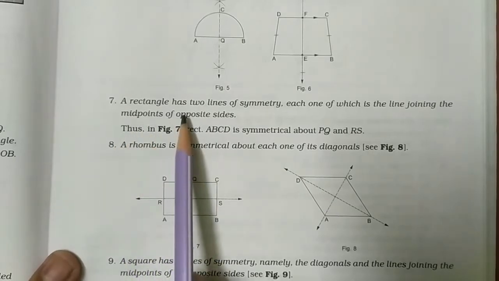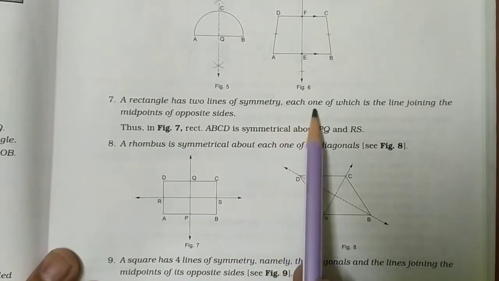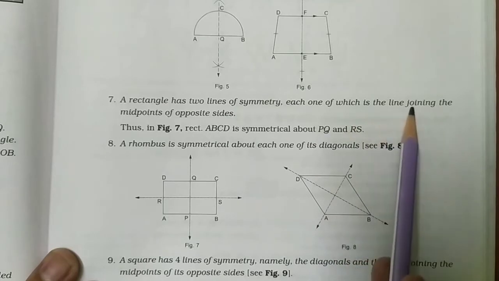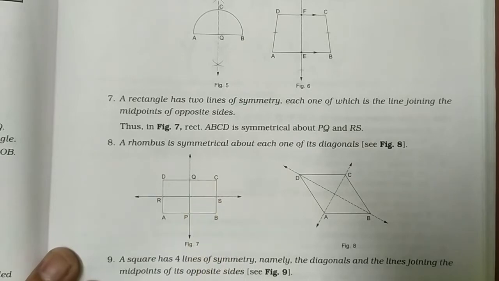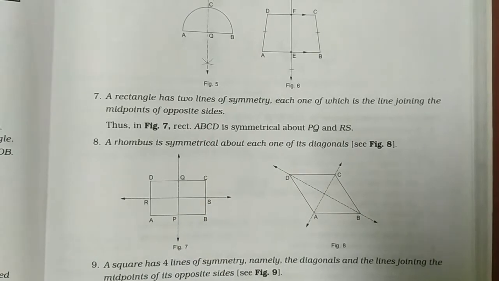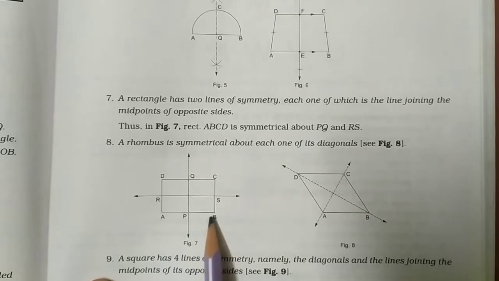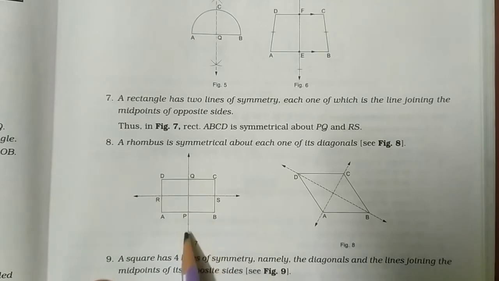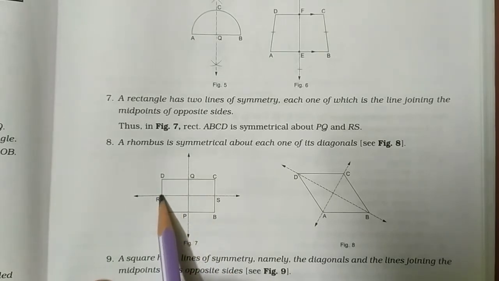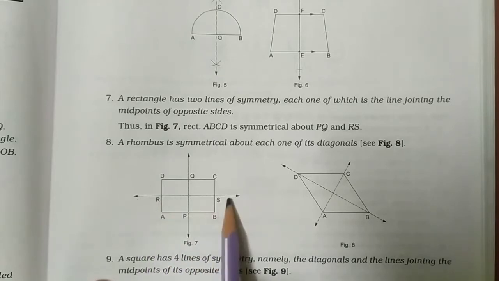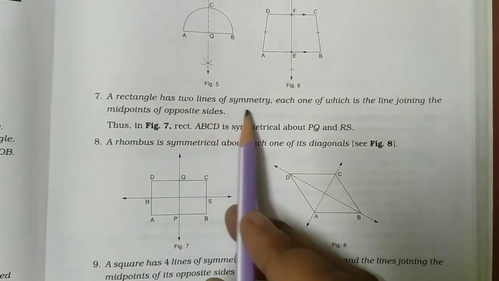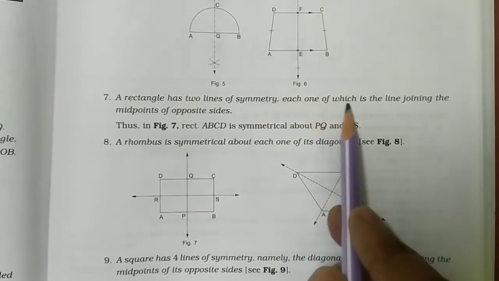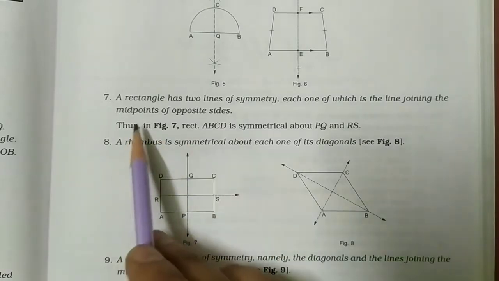A rectangle has two lines of symmetry, each one of which is the line joining the midpoints of opposite sides. Now ABCD is a rectangle. AB has midpoint P and the opposite side DC has midpoint Q. So this is a line of symmetry, and joining the midpoints of the other pair of sides is also a line of symmetry. So a rectangle has two lines of symmetry.